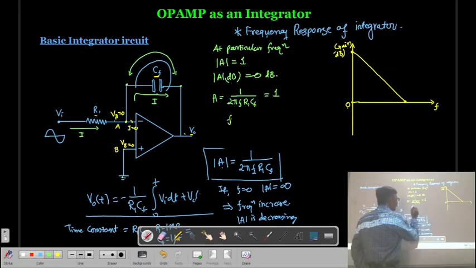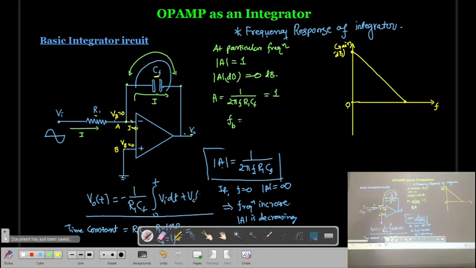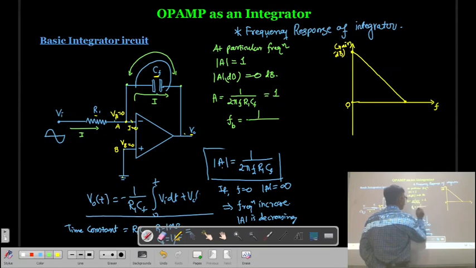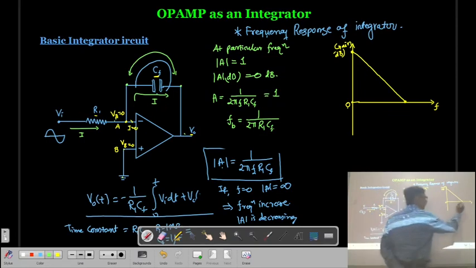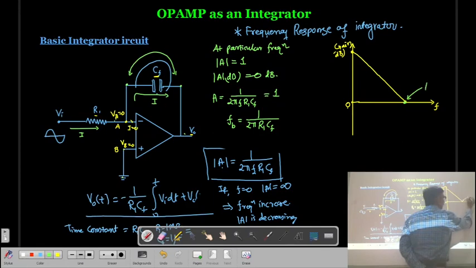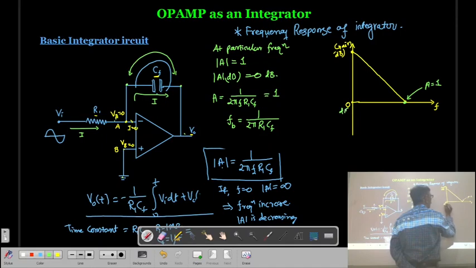So this frequency is represented as fb, and that is given by 1 upon 2 pi R1 Cf. So in this graph, where your gain is unity, A is equal to 1, or the gain A is equal to 0 dB, this frequency is known as fb.